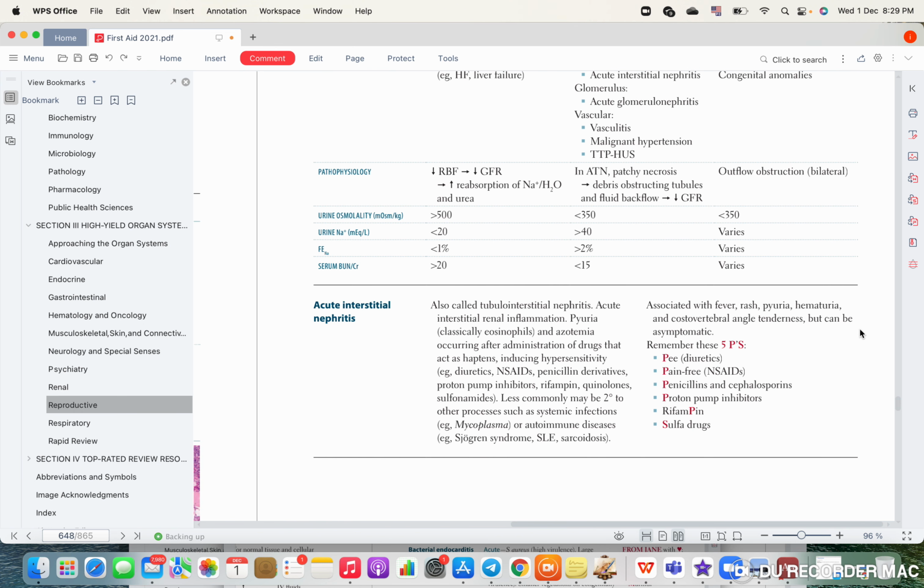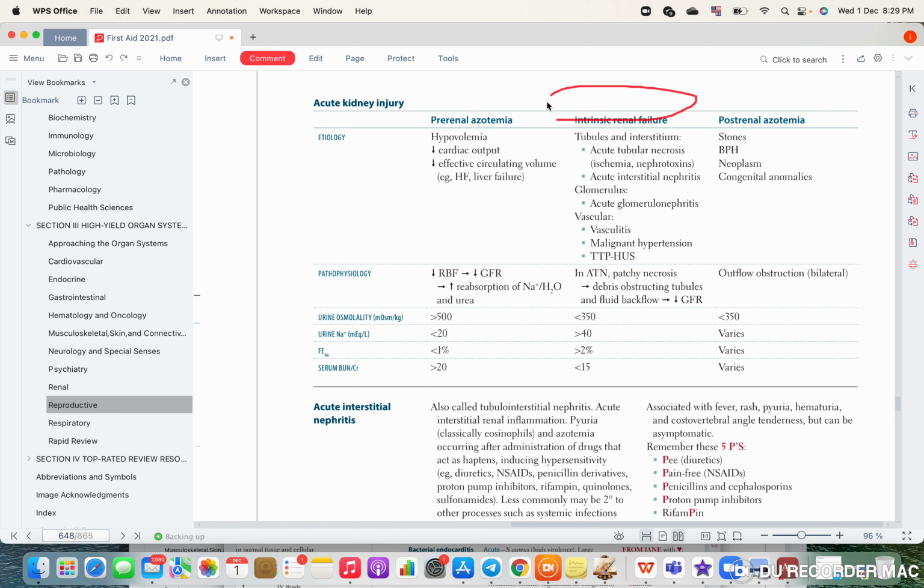So what about the FENa, fractional excretion of sodium, in case of an intrinsic renal disease? Why high? In case of intrinsic renal disease, your tubules are not functioning. If your tubules are not functioning, can you reabsorb? You cannot. So the fractional excretion of sodium will go up.